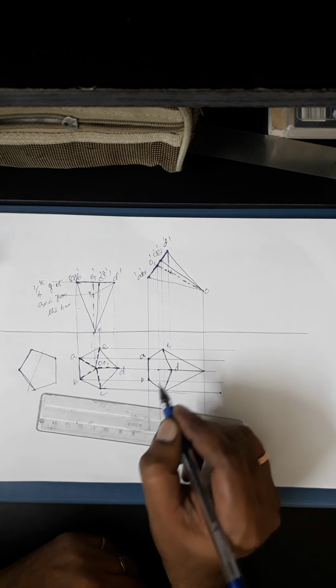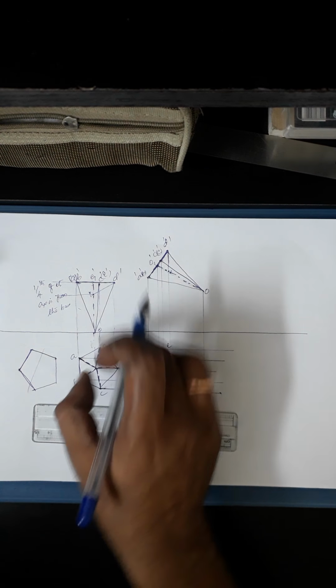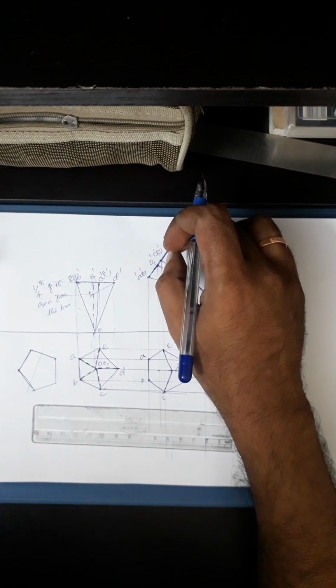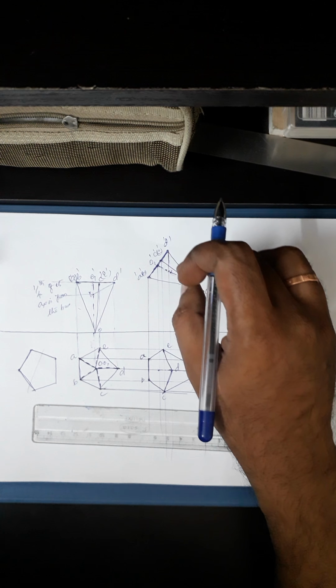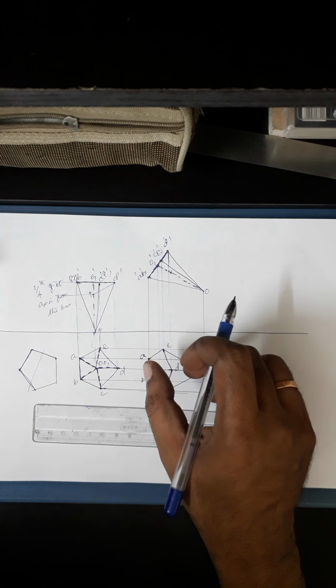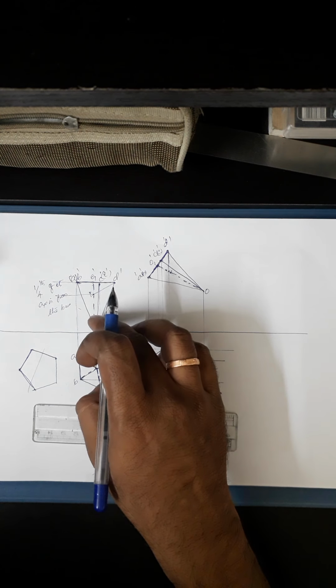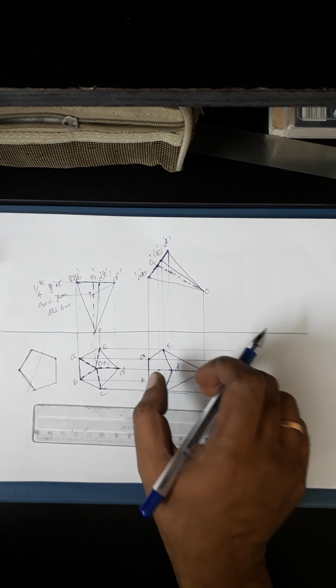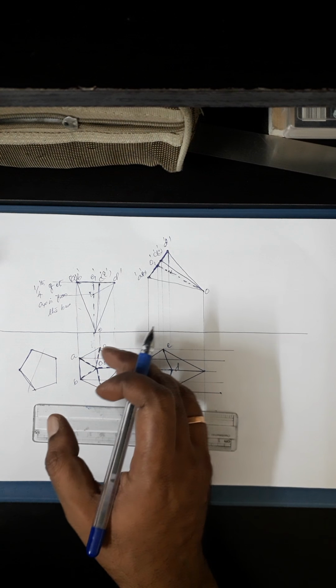A pentagonal pyramid of 30 mm base edges and height of 60 mm is freely suspended about a corner of its base, and the axis of the pyramid, I'll repeat otherwise.